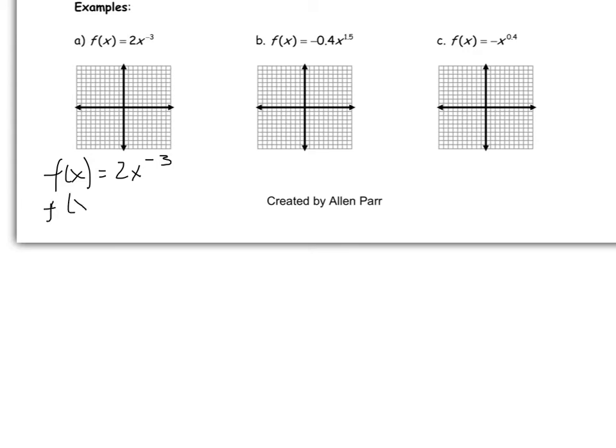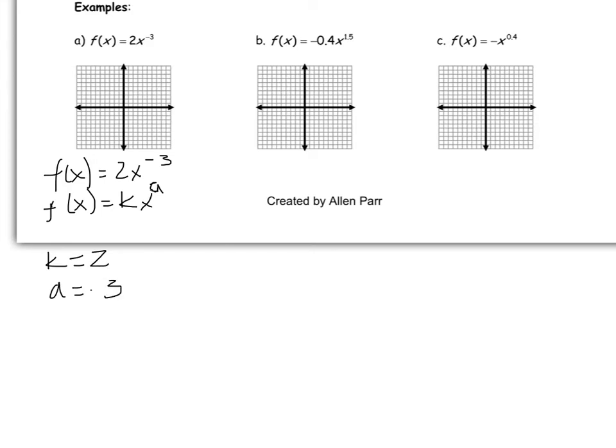Or f of x equals k times x to the a. This was our blanket power function. So in example A, k is 2 and a is negative 3.